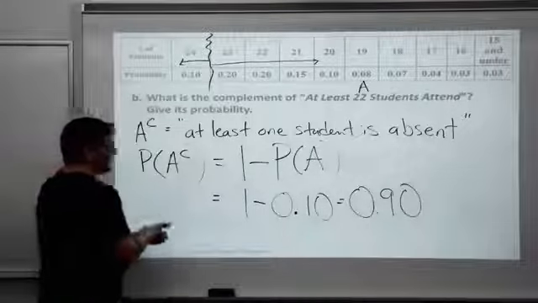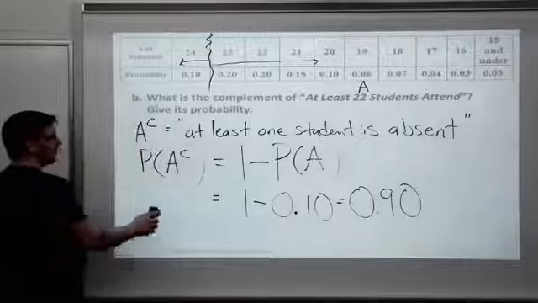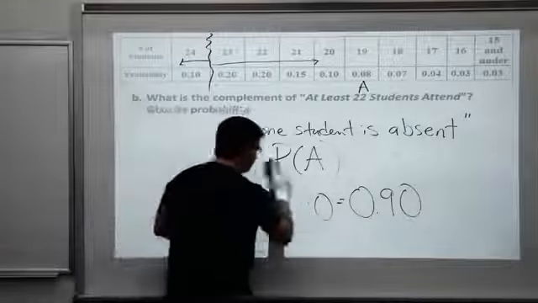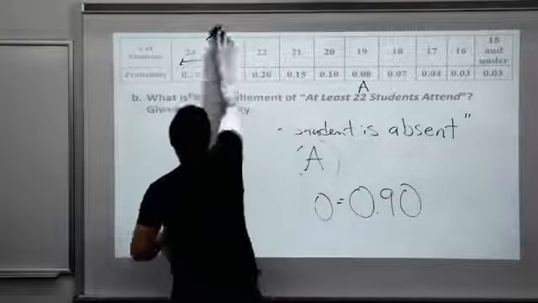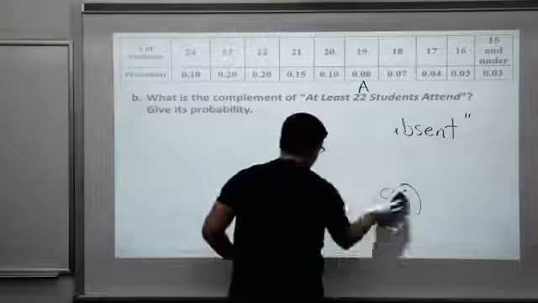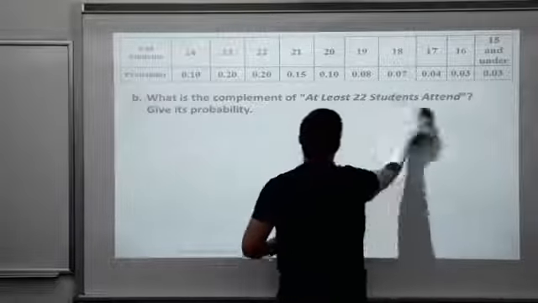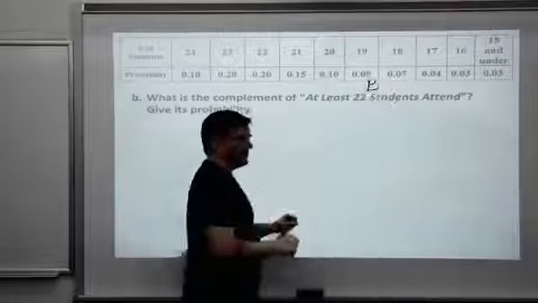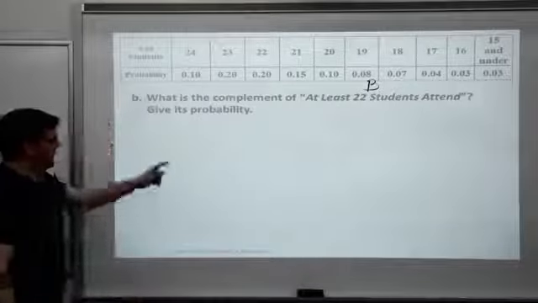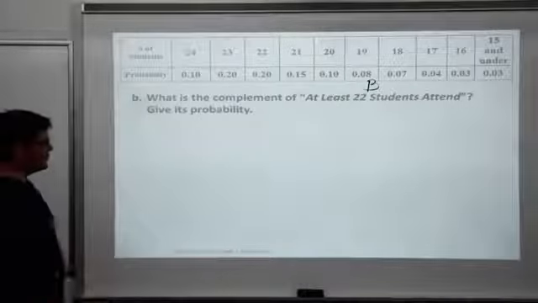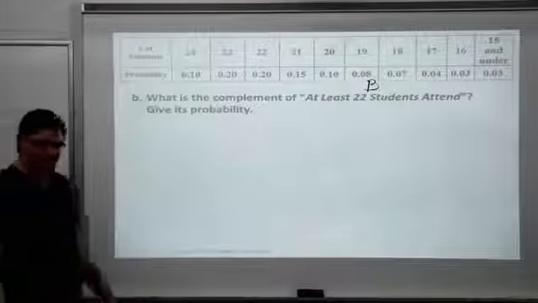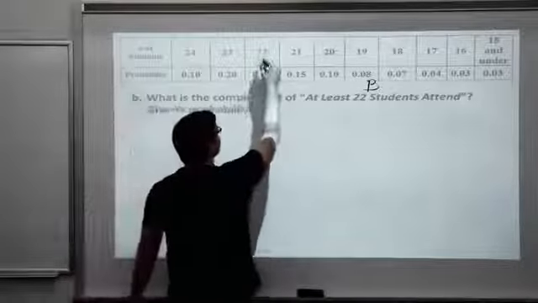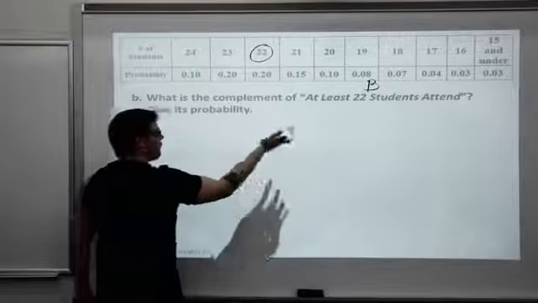What's the complement of at least 22 students attending? This is part B. We'll call this event capital B for part B. So the event B is at least 22 students attend. Again, don't get tripped up by at least. At least 22 students attend means 22 or more.